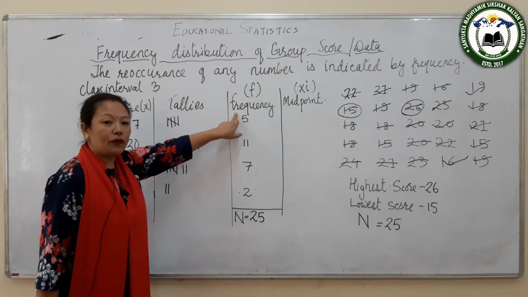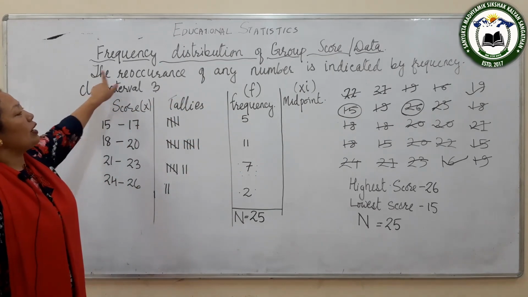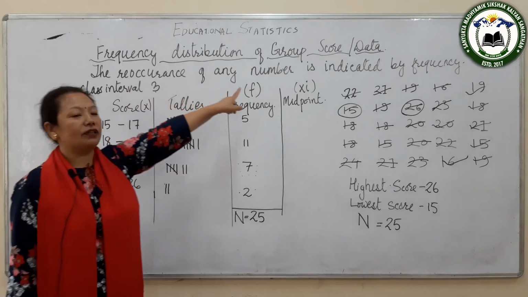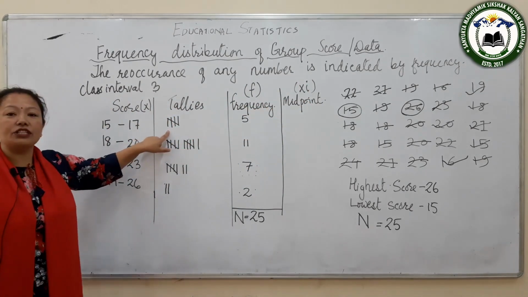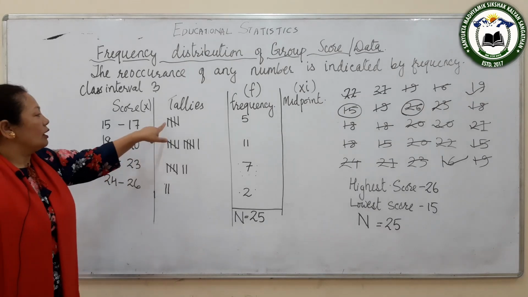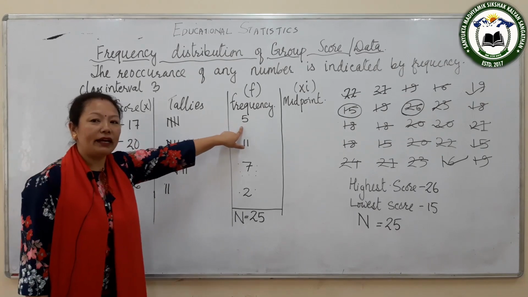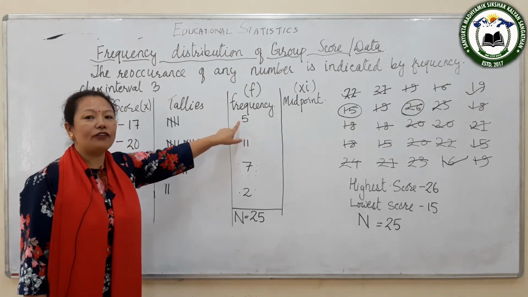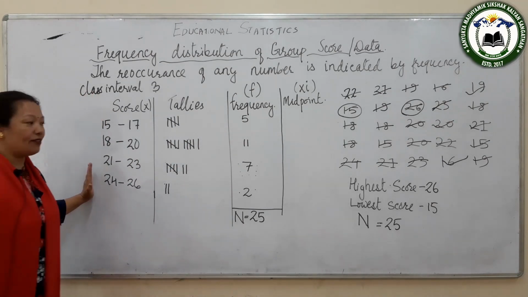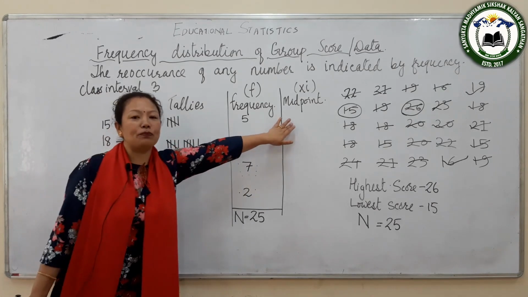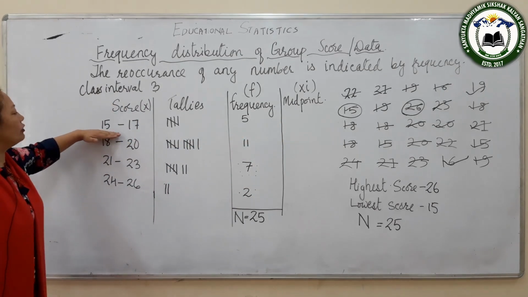So what is frequency? That means the reoccurrence of any number is indicated by frequency. That means those numbers which are repeated over here, that particular number is marked by the numerical value in the frequency. Now the next thing in this group series is the midpoint. What is the midpoint of this score?